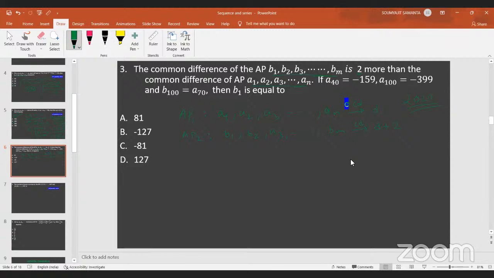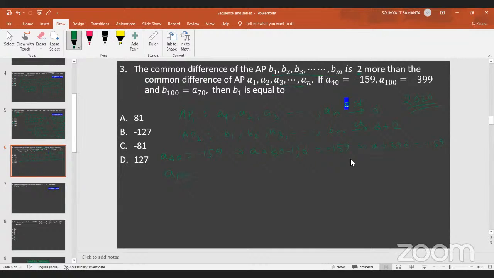Now we'll use the An formula. A40 is given as minus 159. What is A40? A40 is nothing but A plus 40 minus 1 into D, that is minus 159. So this will become A plus 39D equal to minus 159.